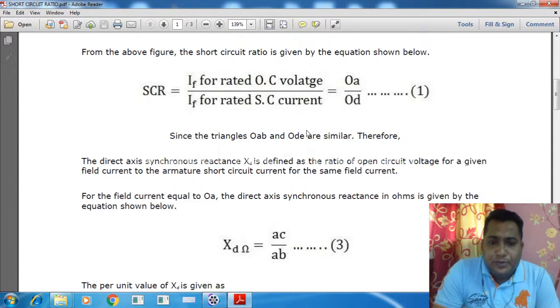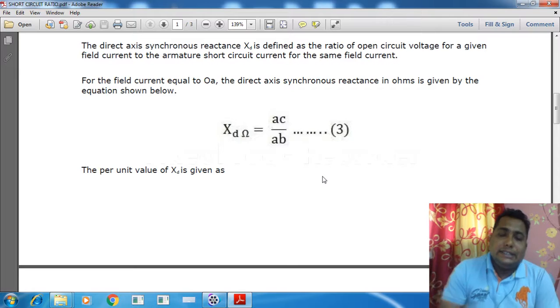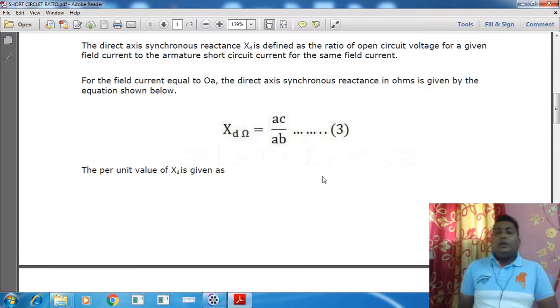So the direct axis total reactance XD is given by AC by AB.